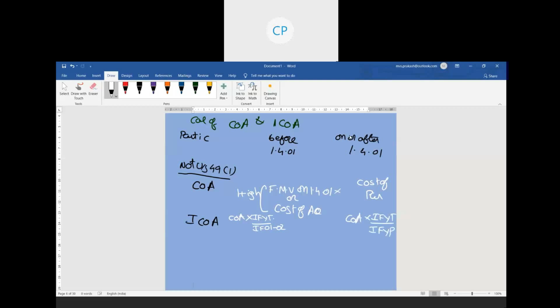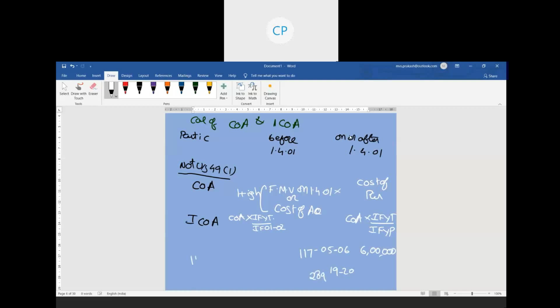Let me give an example here. Suppose you purchased that asset in 2005-2006 for 6 lakhs. The asset is sold in 2019-20. Now how do I calculate? Take the index value for each year. In the year of purchase the index value was 117, and in the year of sale the index value is 289.